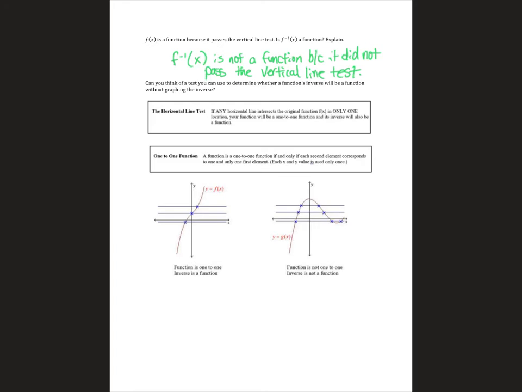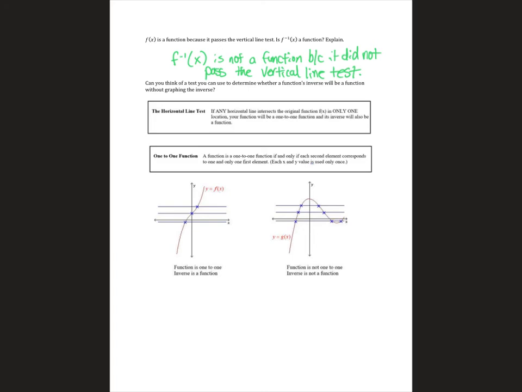So it says here now, can you think of a test that you can use to determine whether a function's inverse will be a function without actually graphing the inverse? So if I know the relationship between functions and their inverses, in essence, remember that the domain and ranges flip-flop, the x and y values flip-flop, I know that since a vertical line test is used to test whether or not f of x is a function, I can now also use a horizontal line test to see if the inverse of that function is also a function.